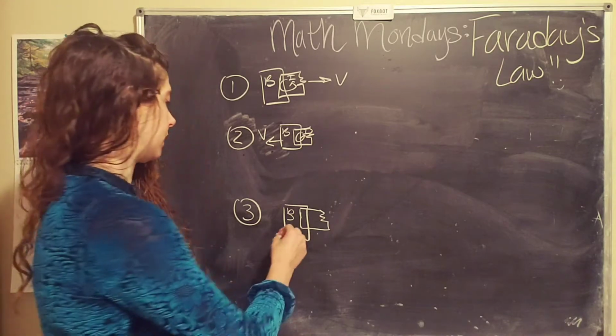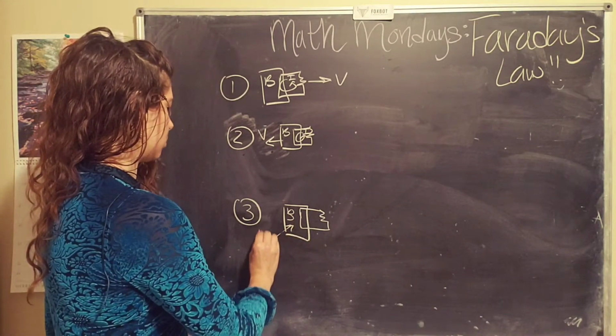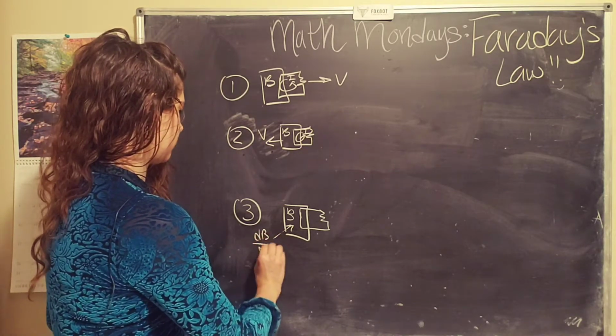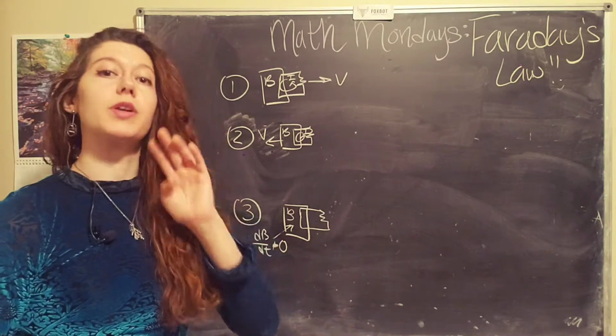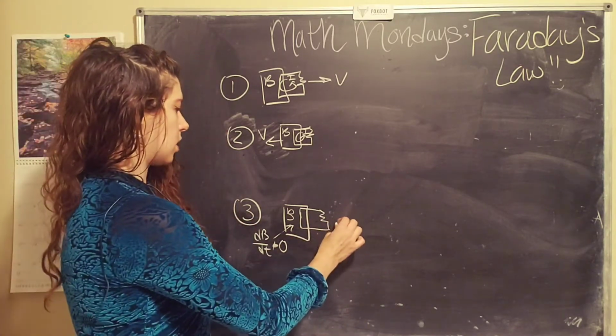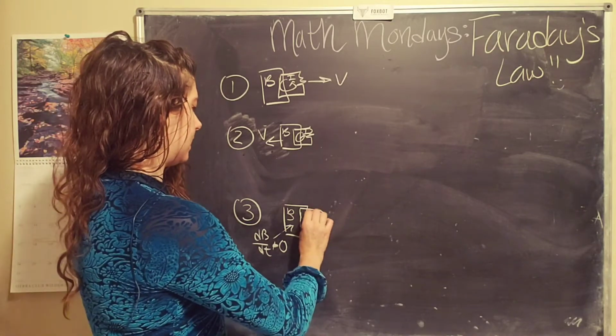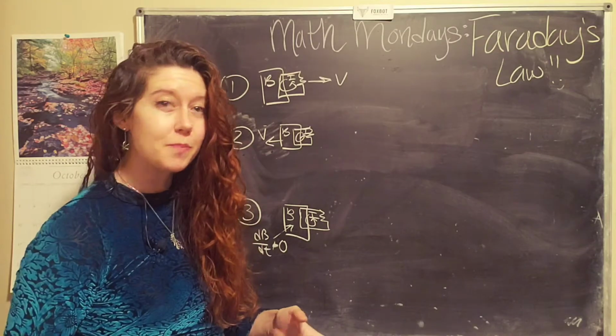They were not moving, and Faraday changed the magnetic field. So what we could say is the change of the magnetic field over time was non-zero, and he did this with an electromagnet. He discovered that a current also flowed through the loop.